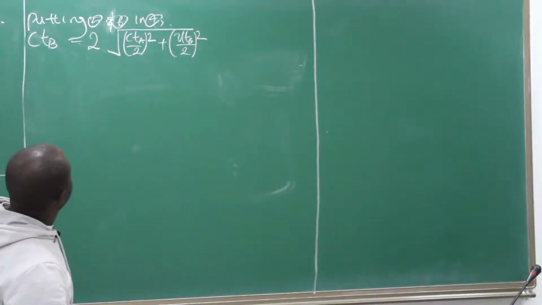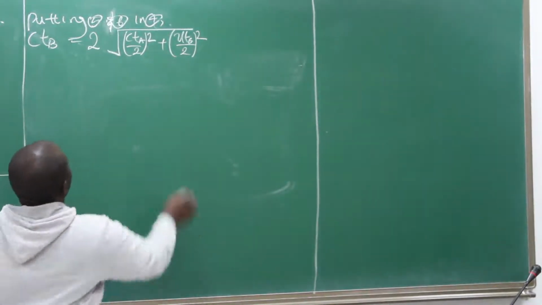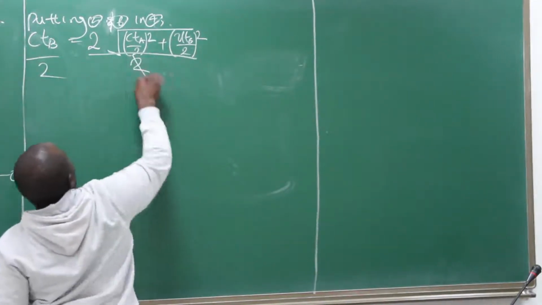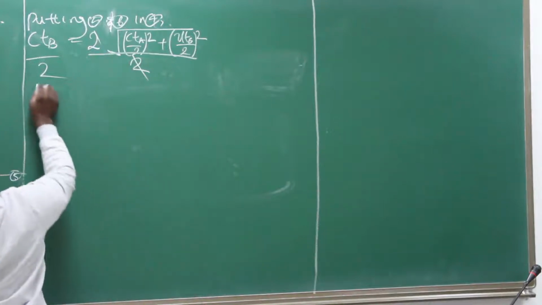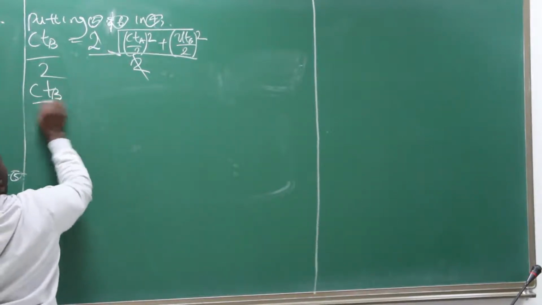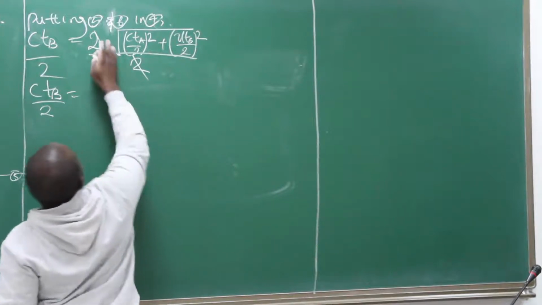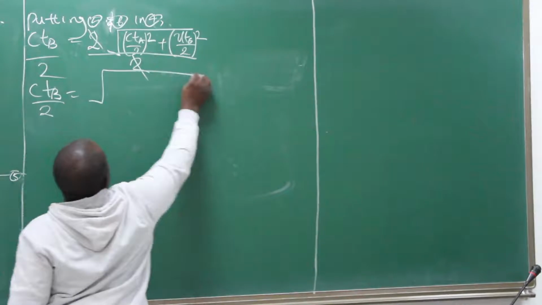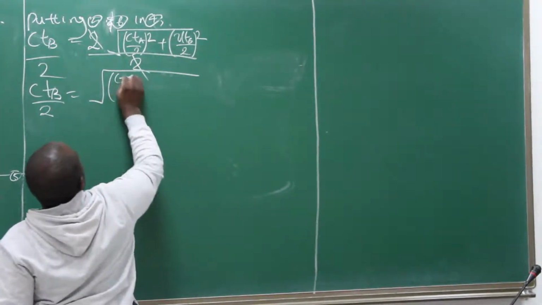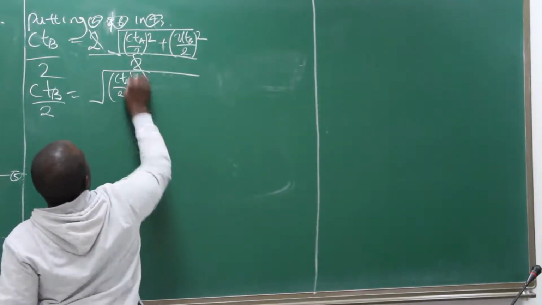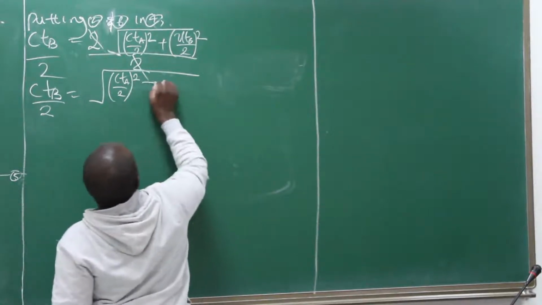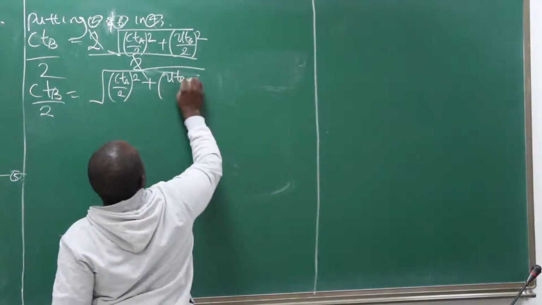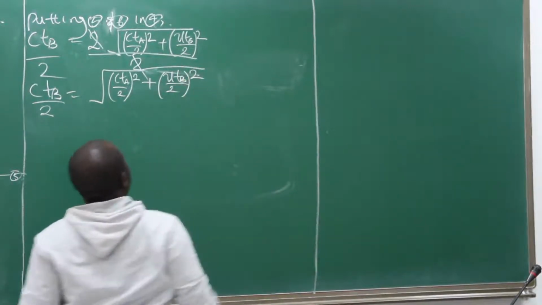Now, let's try to make things simpler. Divide both sides by 2, so as to make here simpler. Divide here. So we have CTB all over 2 is equal to, these two cancel each other out. So we have the square root of CTA all over 2 bracket, squared, plus UTB all over 2 squared.